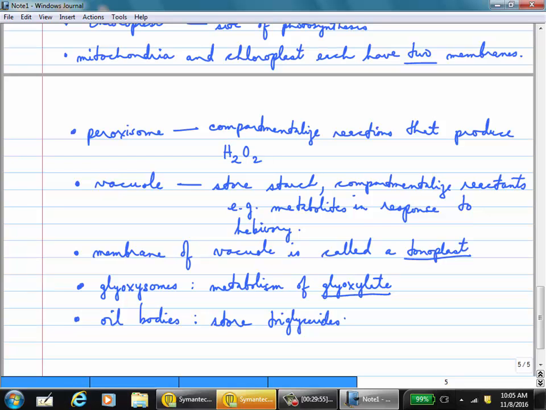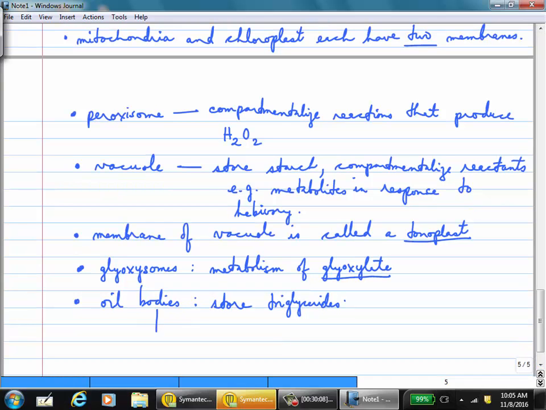You will not have a bilayer because maybe there's water outside, but inside there's no water. So oil bodies have a membrane which is a lipid monolayer, not bilayer.